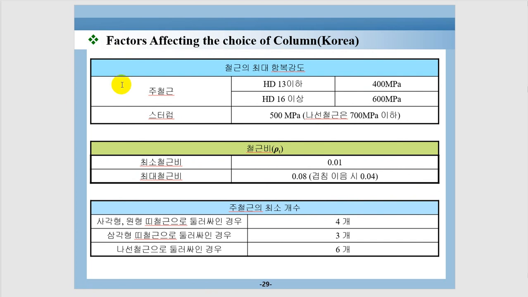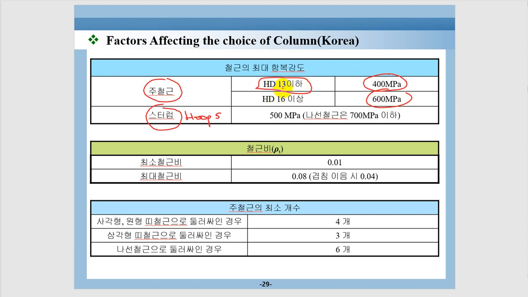Factors affecting the choice of columns: again, the main rebar, the vertical rebar, and hoops. And we're going to use 400 or 600 megapascals, depending on the diameter of the rebars.